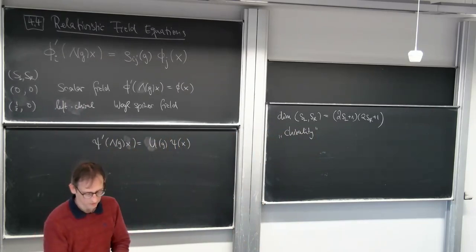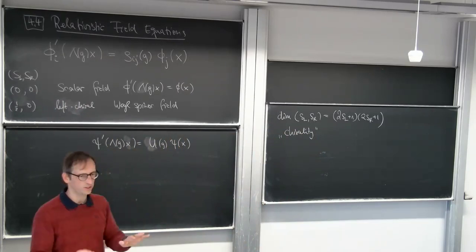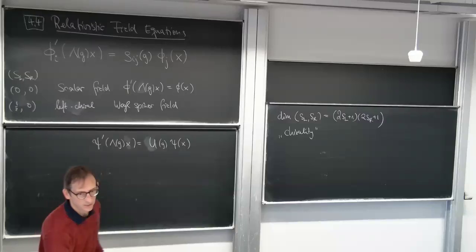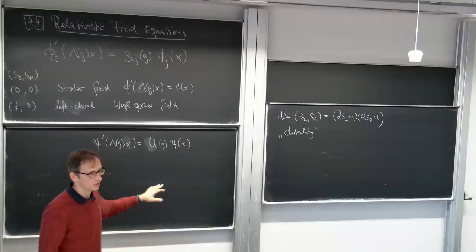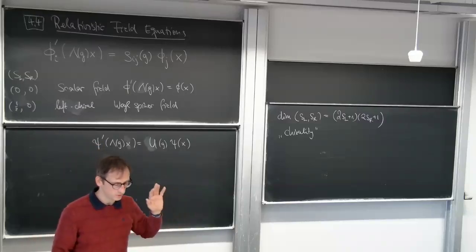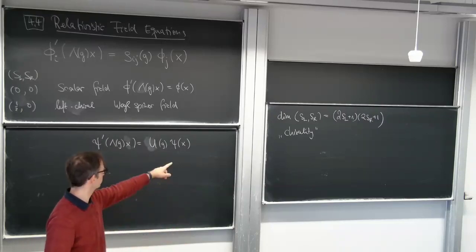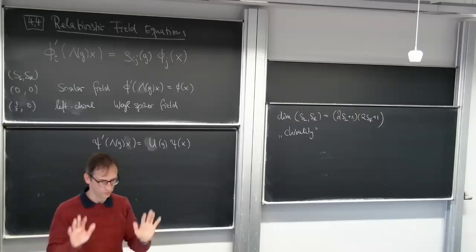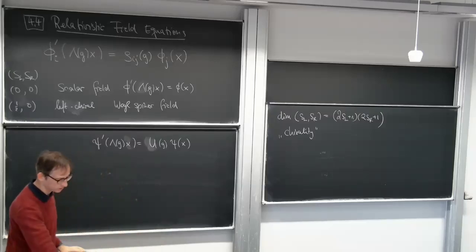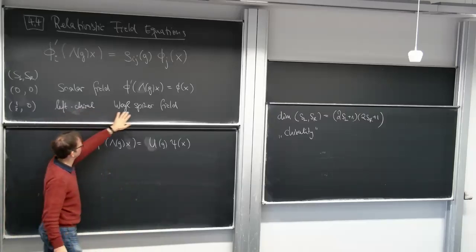So it's like our hands. Some people call this left and right-handedness, and I actually dared to call it left-handed last time for our Weyl spinors. It is actually the same thing, but it's better to talk about chirality here. So I'm going to stick with that, even though I changed the notes. This is the left chiral Weyl spinor field.